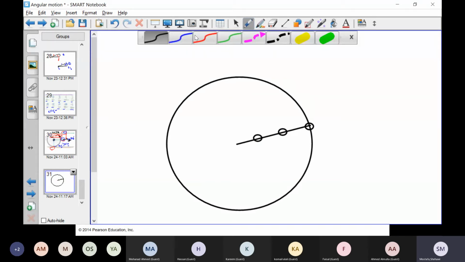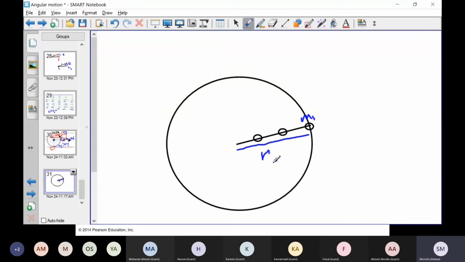If you remember, we talked about this yesterday: this is M1, and this is R1. And that is M2, and that is R2 from the center of rotation. And that is M3, and this is R3.